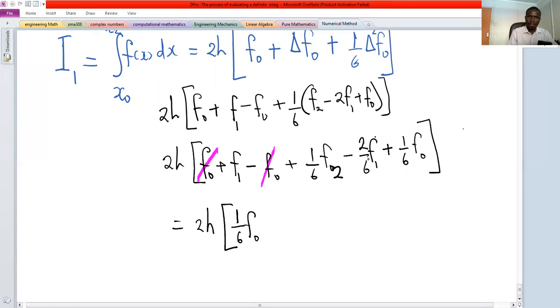So 1 minus 2/6, that is 2/3 F1 plus 1/6 F2. So this is I1.